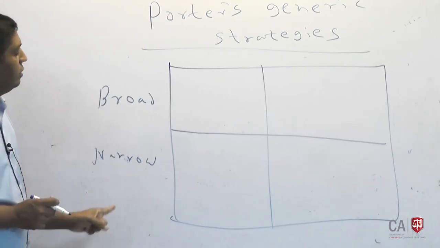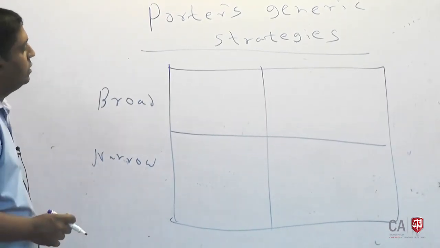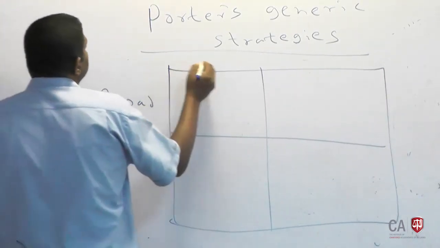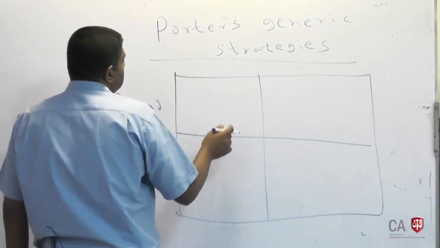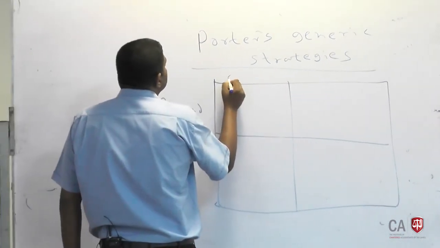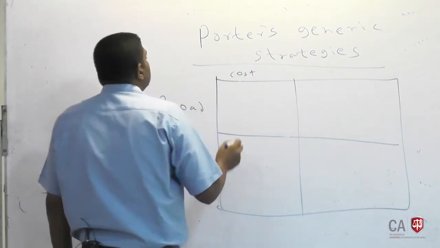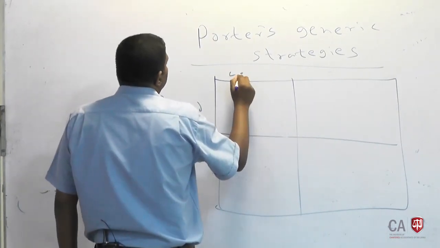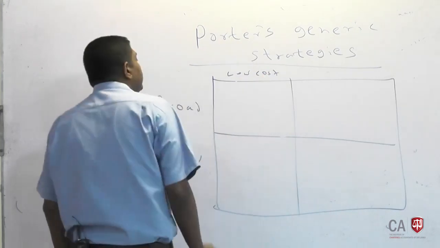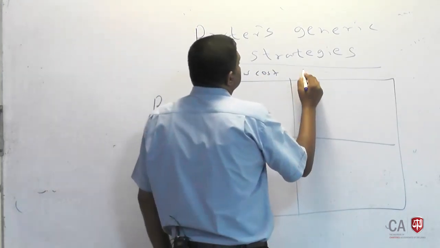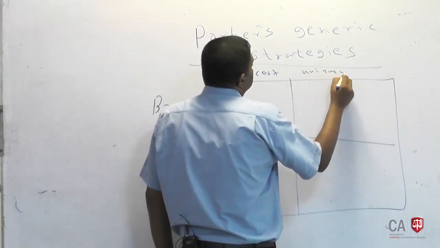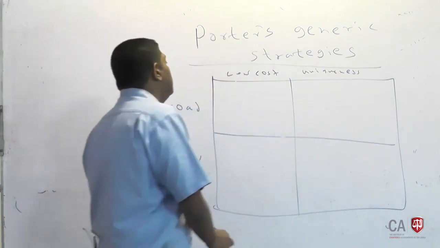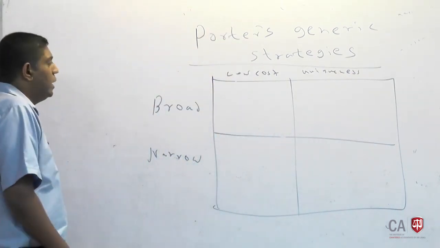One is a broad market, the other one is a narrow market. At the same time, he focused on two areas. One is cost, low cost. The other one is the uniqueness of the product. Low cost and uniqueness, those are the two areas he considered.